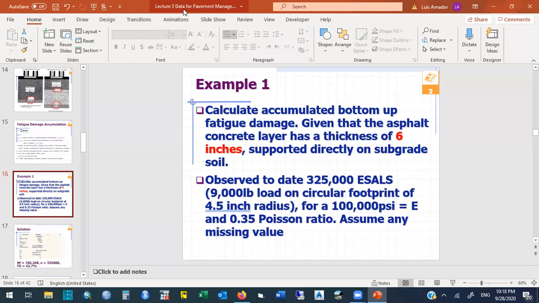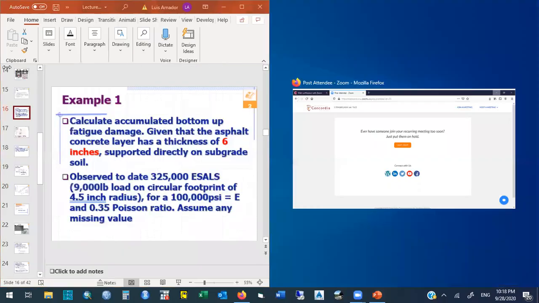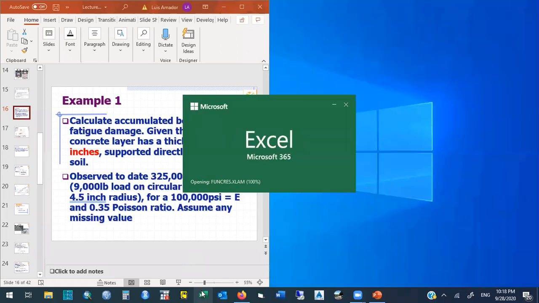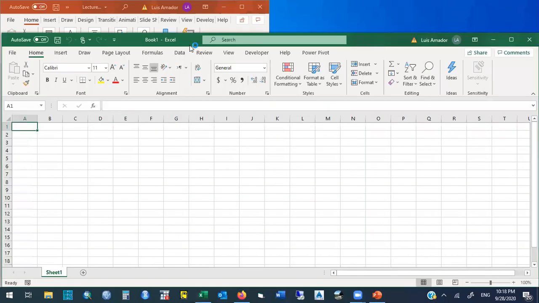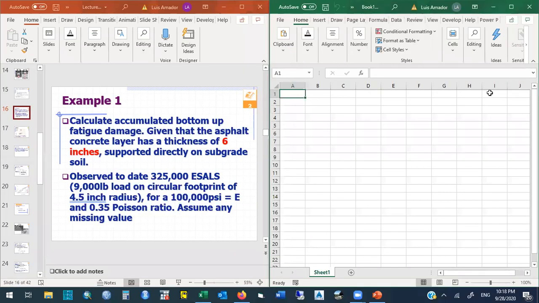Professor, what's the role of this Poisson ratio in this scenario? Poisson ratio is the deformability in the radial direction compared to the deformability in the vertical direction of a cylinder of the material that you are testing.